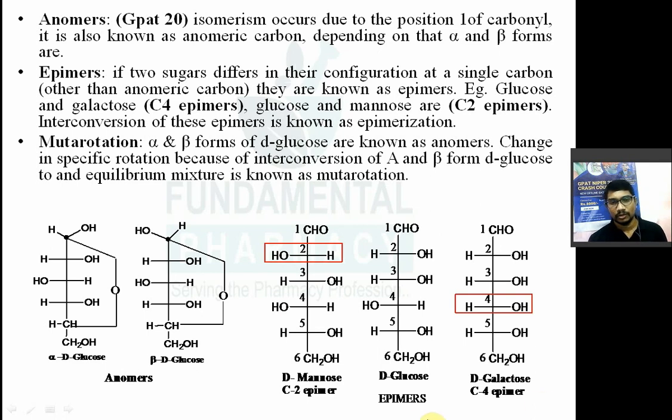Glucose and galactose are C4 epimers, because there is a difference in the arrangement at carbon number 4. Glucose and mannose are known as C2 epimers. Is that clear?